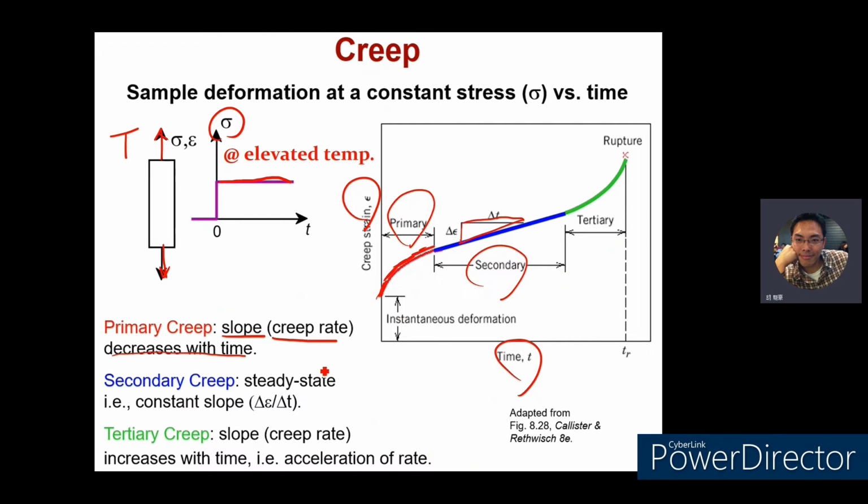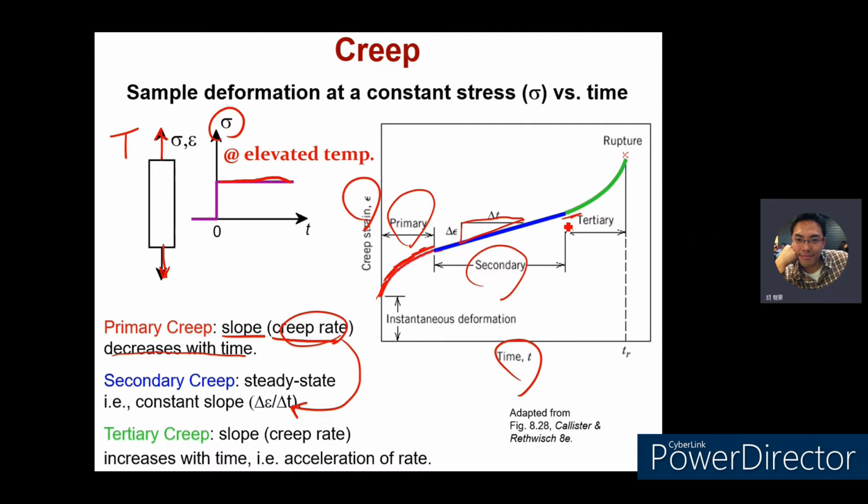So we always define the creep rate as the slope within this secondary creep region. And finally for the third creep, the slope decreases with time. Oh, sorry, increases with time.